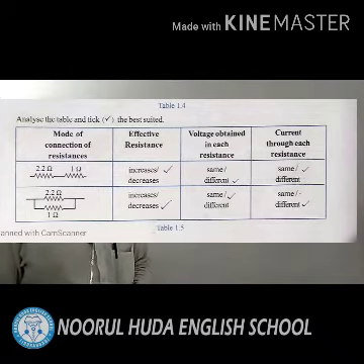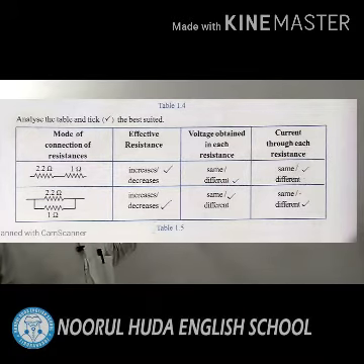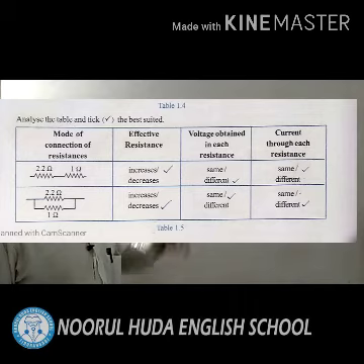the resistor is the same. When resistors are connected in parallel, what happens to the effective resistance? Effective resistance decreases. The voltage obtained across each resistor is the same, but the current through each resistor is different.